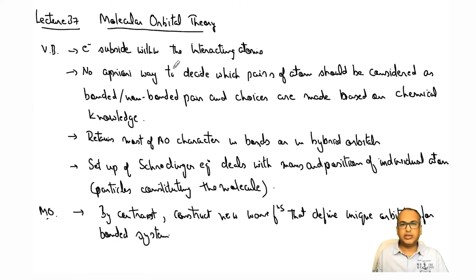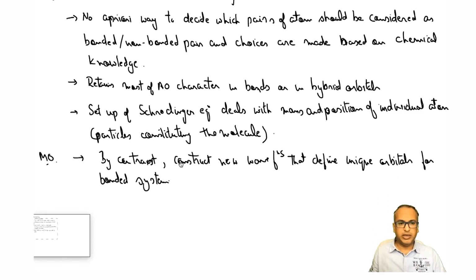So this is in contrast to valence bond, where there is no a priori way to decide which pair of atoms should be considered as a bonded pair.